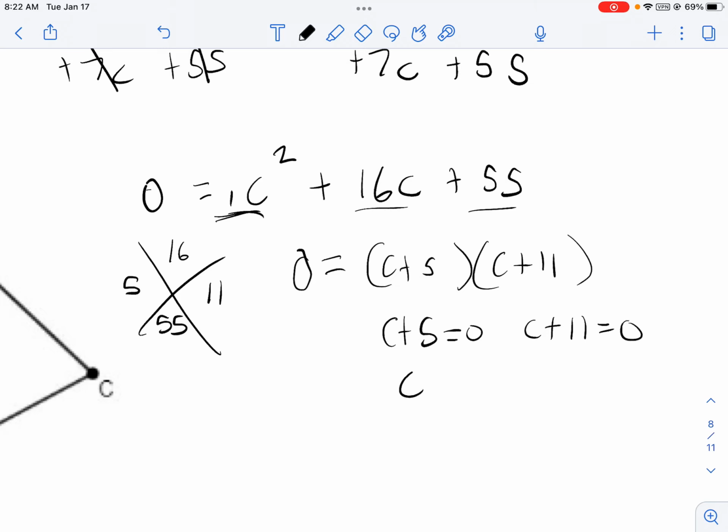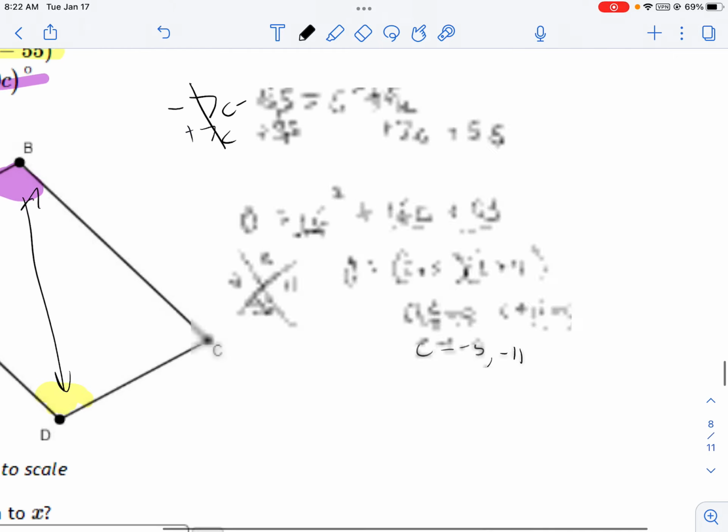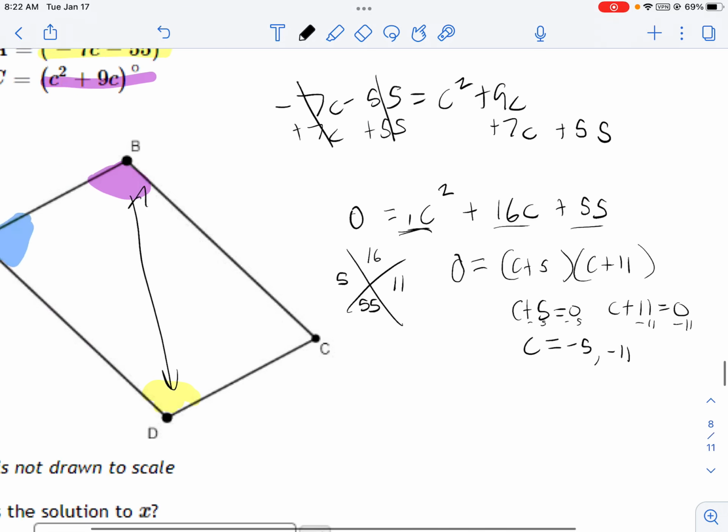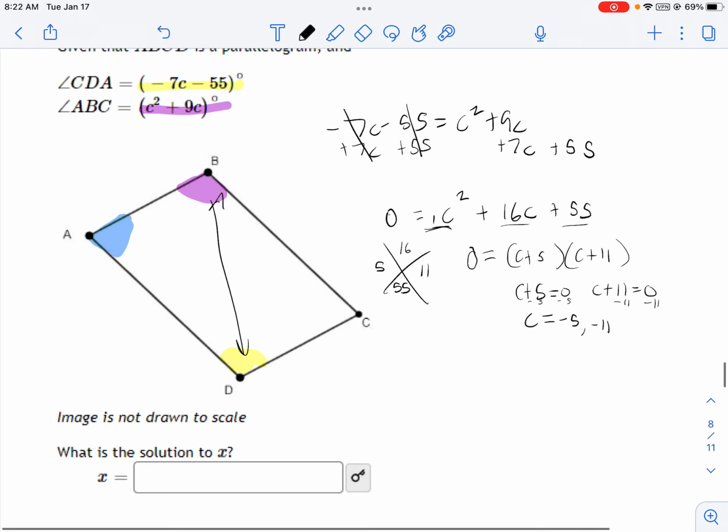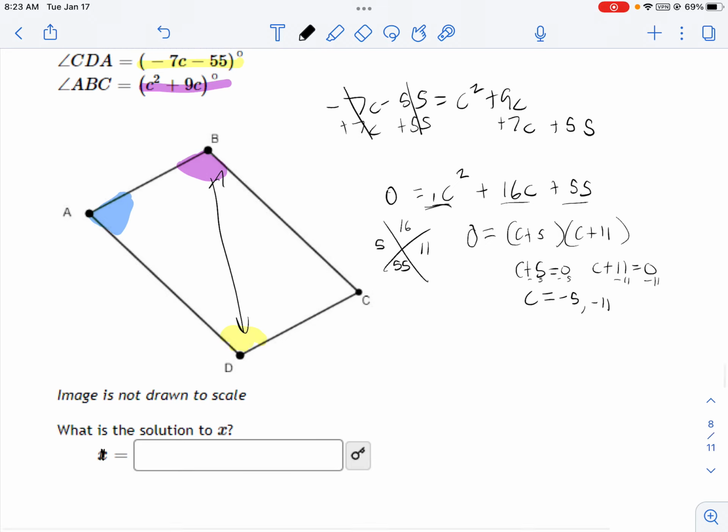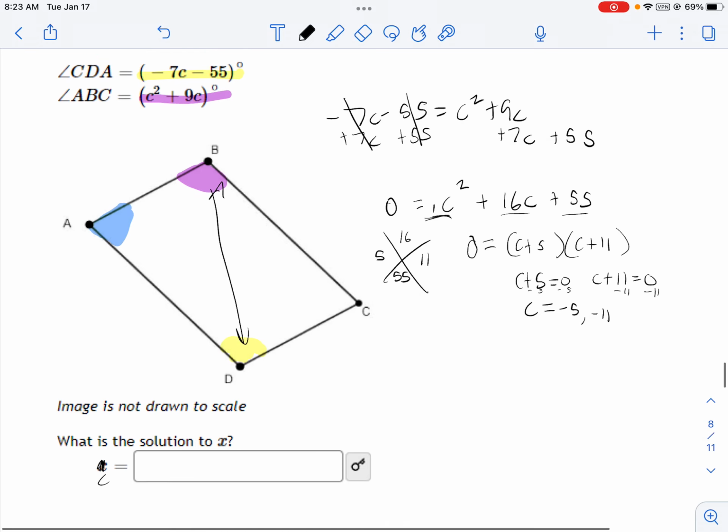So that means we got two answers. The first one, we subtract 5 from both sides, so c equals negative 5. Next one, subtract 11 from both sides, you get negative 11. So we have c equals negative 5 and negative 11. Now you have to plug in your answers. You can't just plug it in and be done with it.